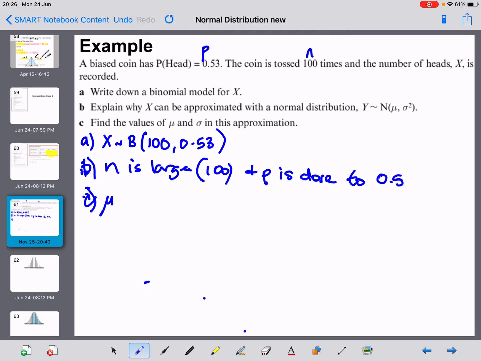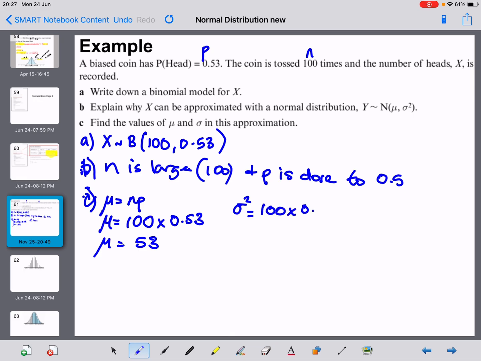Mu is np. To get mu, we're going to do 100, which is n, times 0.53. So mu is 53. And then for sigma, well, sigma squared is np(1 minus p), so 100 times 0.53 times 0.47.